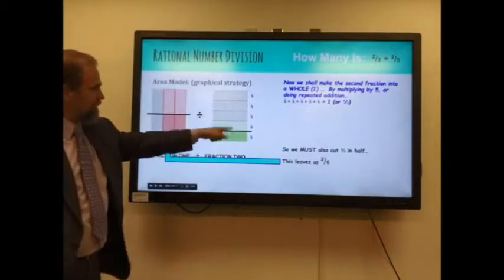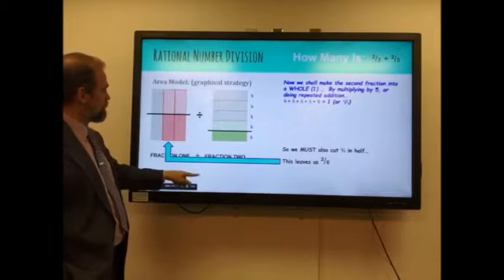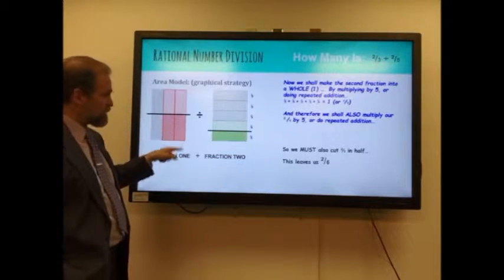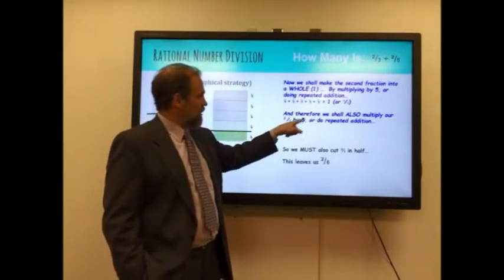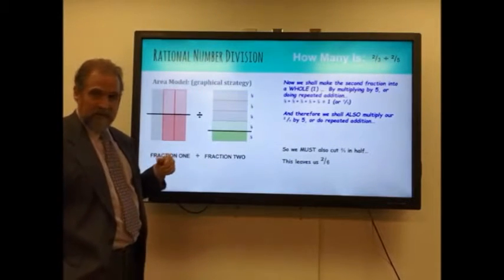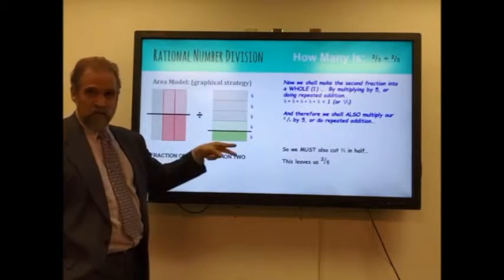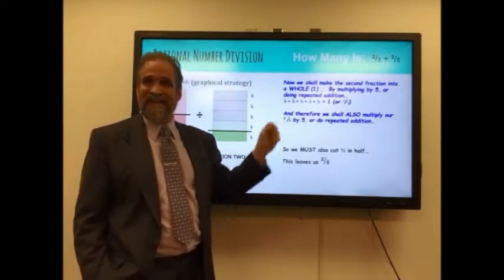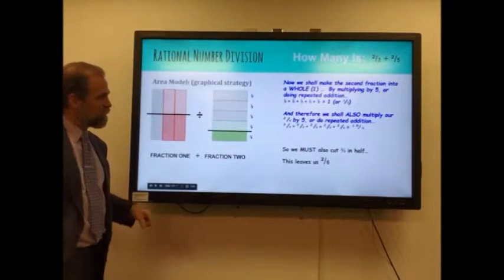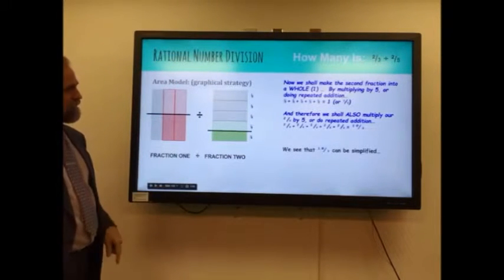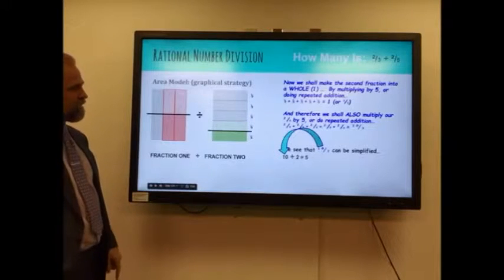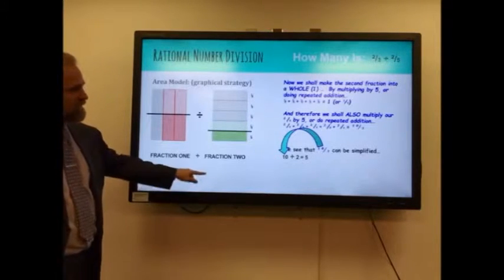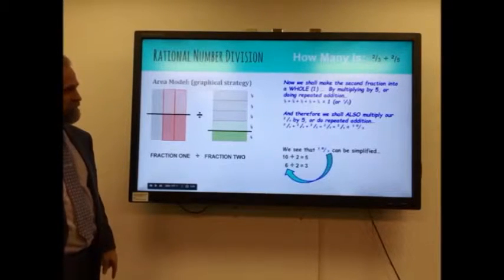So 5/5 will correspond to 5 of these 2/6, or 5 over 1 times 2/6. You can do that, right? Or you can go 2/6 and 2/6 and 2/6, which will give you 10/6. However you want to do it, okay? So what we see is 10/6 can be simplified because the 10 divides by 2 and the 6 divides by 2.